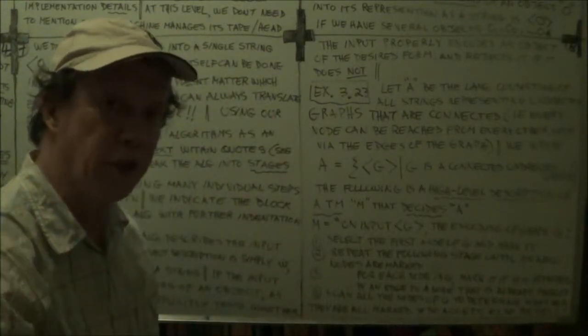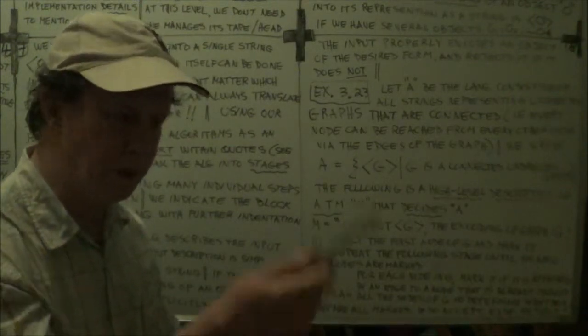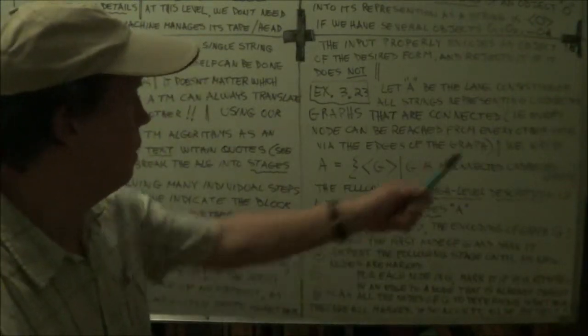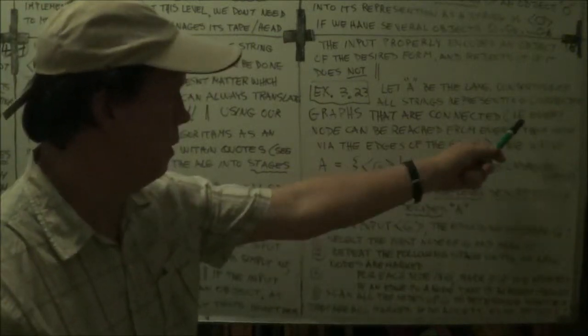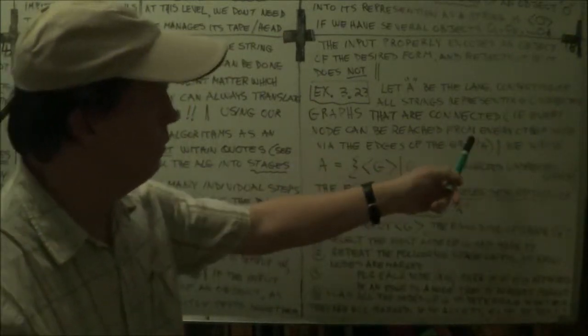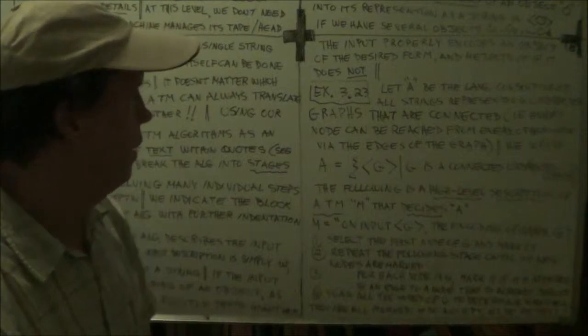A path is just a sequence of edges, from A to B to C to D. So connected means every node can be reached from every other node via the edges of the graph.